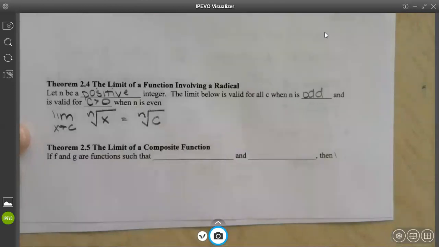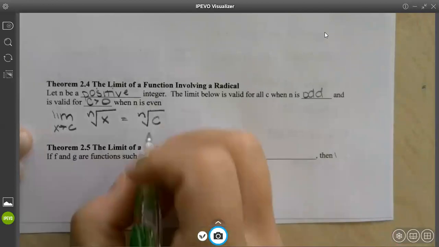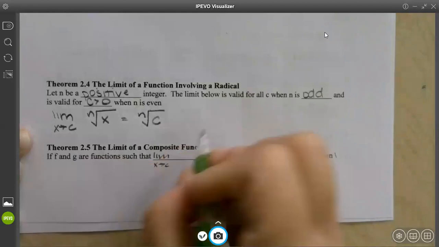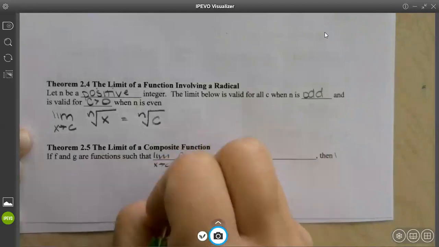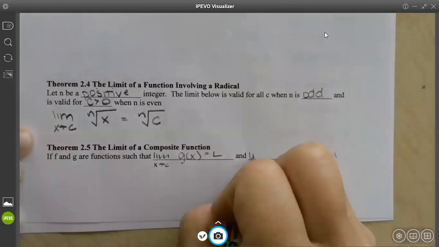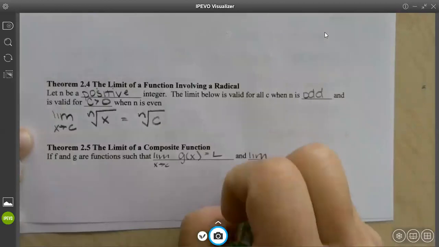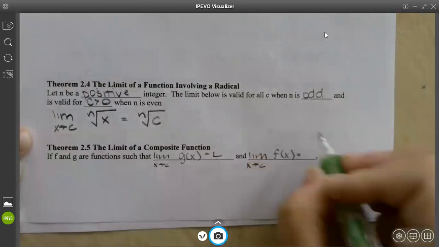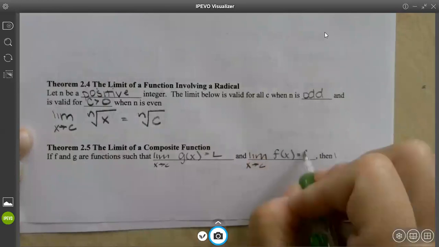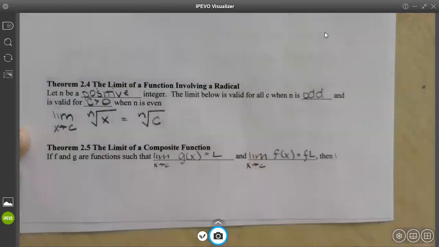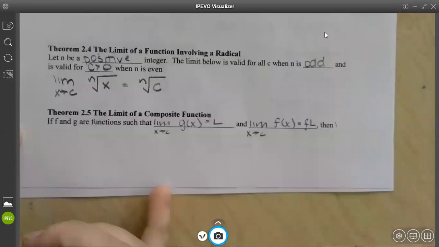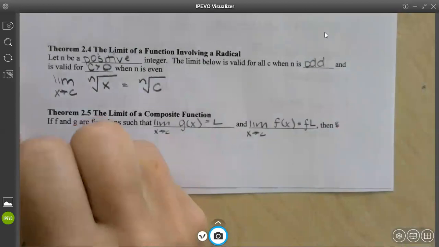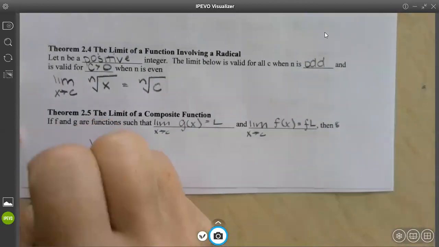And then same thing with a composite. If f and g are functions such that the limit as x approaches c of g of x equals L. Same thing for f of x. Then, don't know why this little slash mark is there. Don't worry about it.